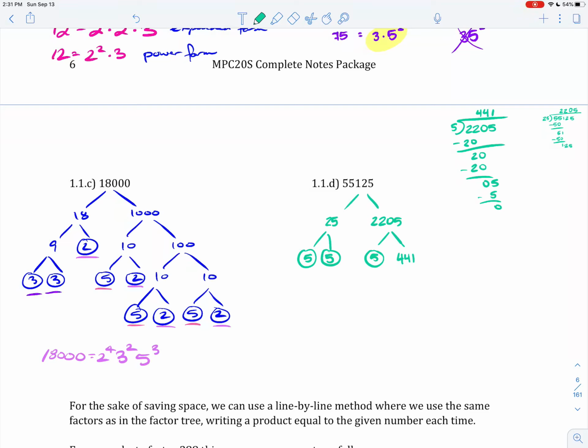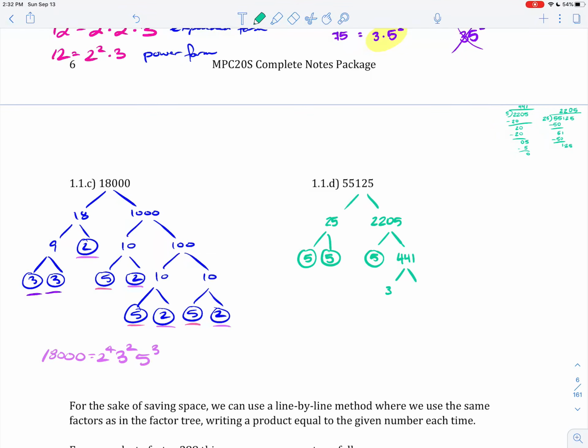I know it's not going to be divisible by 2, but because the sum of the digits adds up to 9, I know it will be divisible by 3. So I'm going to give that a go. Again, I'm going to shrink this down.